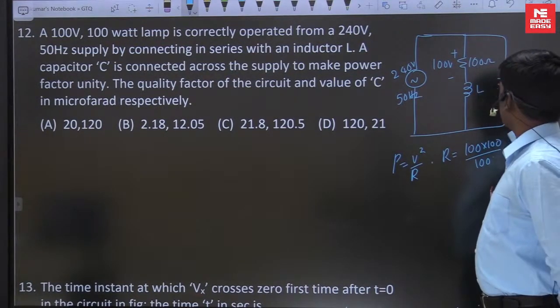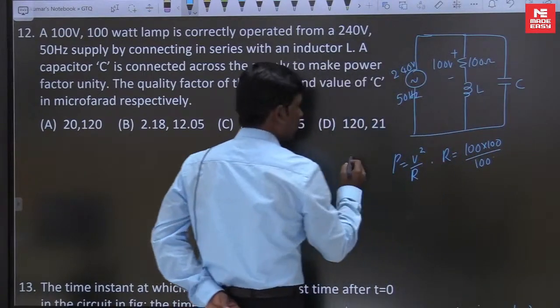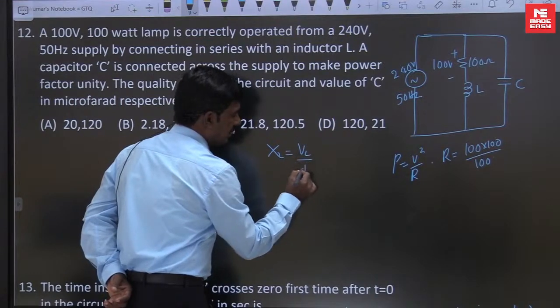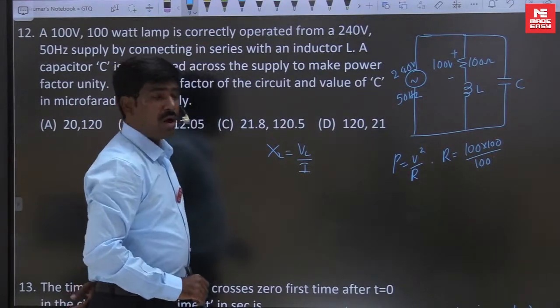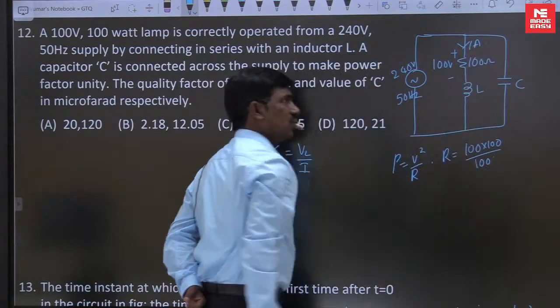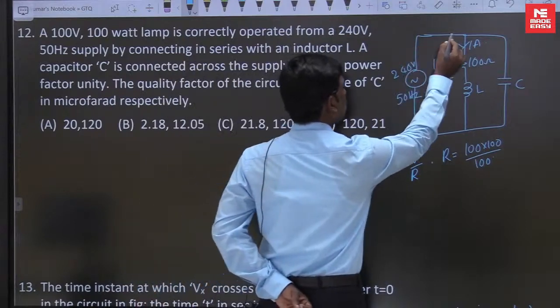L value is unknown, C value is unknown. To get the L value, first find out XL. XL is equal to VL by I. The current we know: 100 by 100 is 1 ampere. Next find out VL. Total voltage is 240.